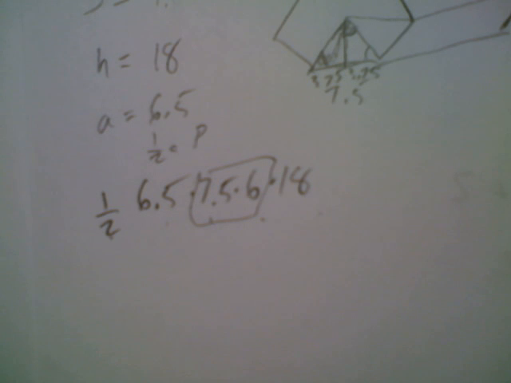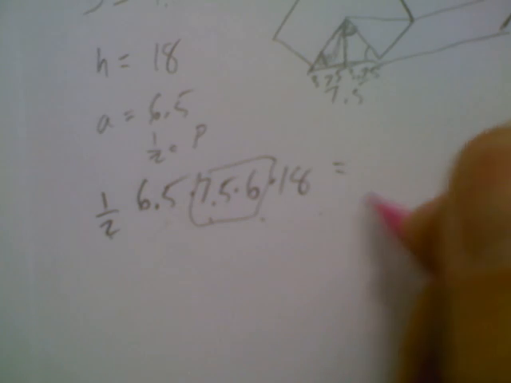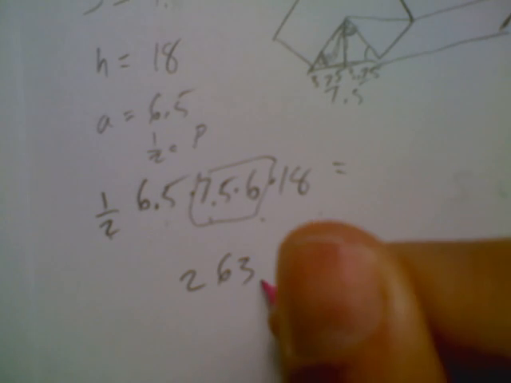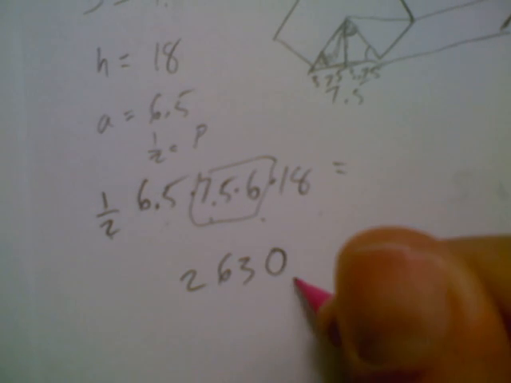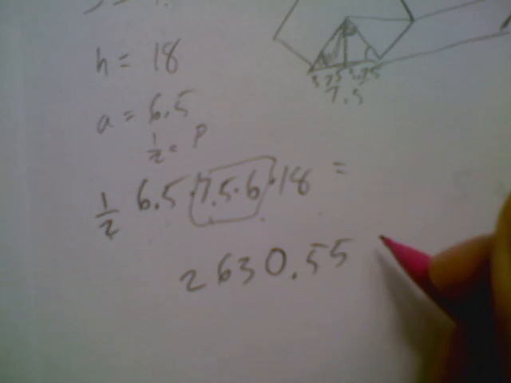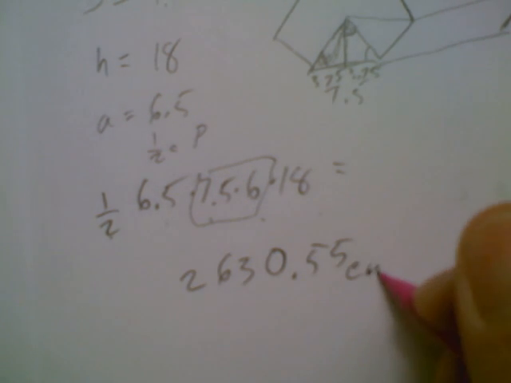So we have 0.5 times 6.5 times 7.5 times 6 times 18 gives us about 2,630.55 cubic centimeters. I'm saying that these are in centimeters.